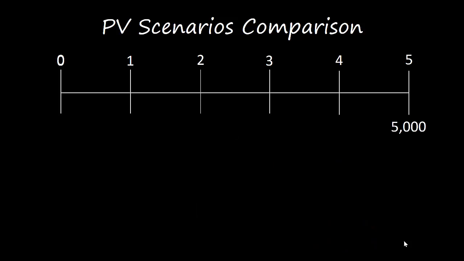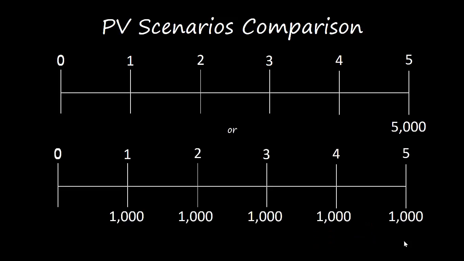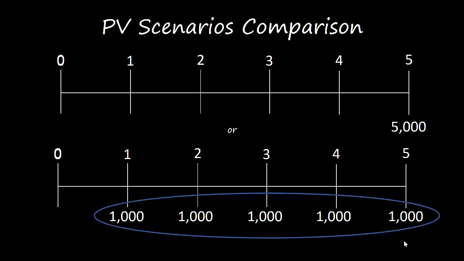Would you prefer to have $5,000 at the end of 5 years or $1,000 at the end of each year for 5 years? So this is an example of a lump sum versus an annuity. It's still $5,000 either way, but there's different value because of the time value of money. Remember, we always want to receive the money sooner rather than later.